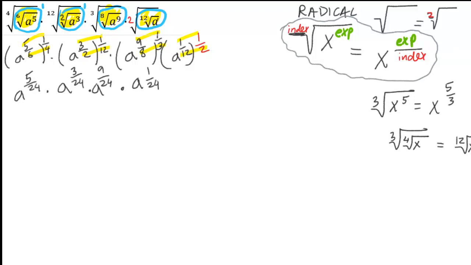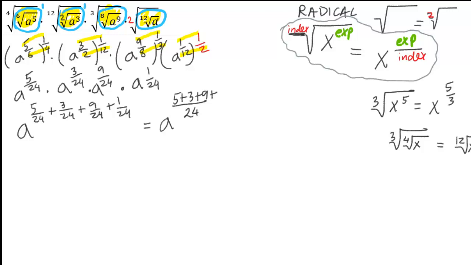So now we have a bunch of the same bases with different exponents. That means we just need to add all of them. So it's going to be a to the power of 5 over 24 plus 3 over 24 plus 9 over 24 plus 1 over 24. It's the same denominator, so it's going to be 24 on the bottom, and up top we have 5 plus 3 plus 9 plus 1. 9 plus 1 is 10, 10 plus 8 is 18.